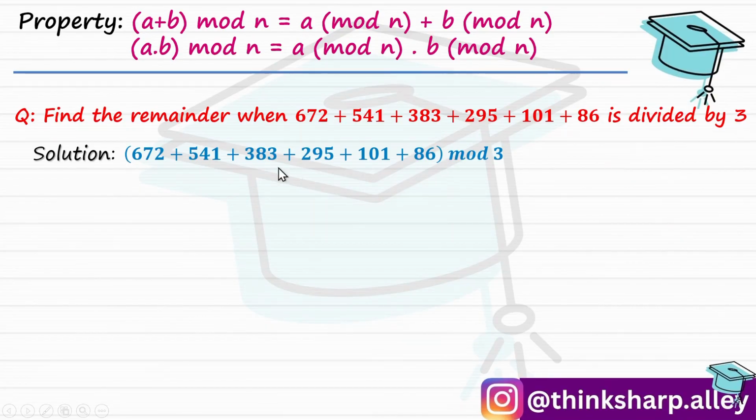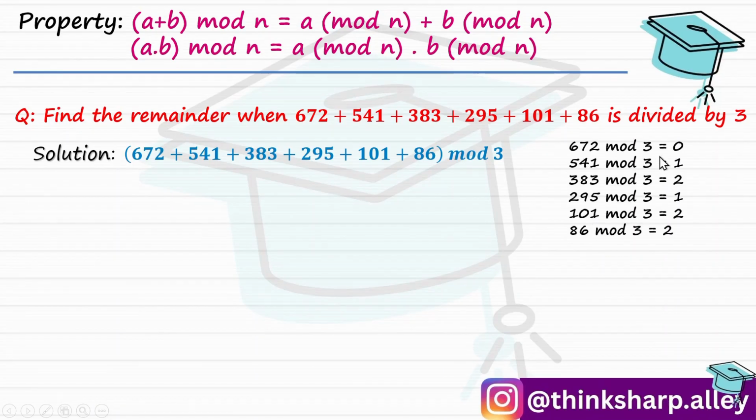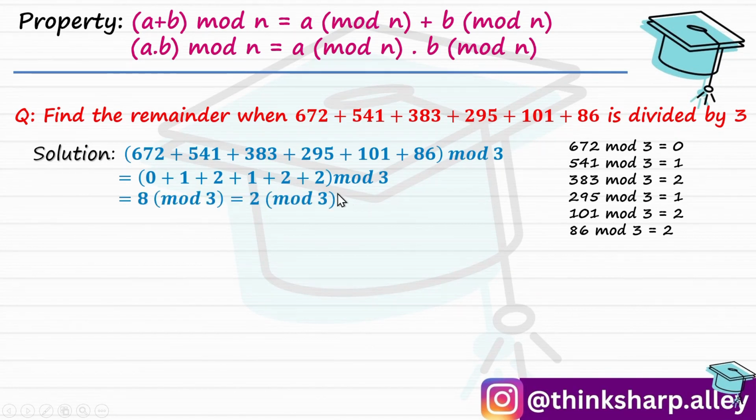We will take each number modulo 3 and then add. So each number modulo 3 are these, and then we are going to add these remainders. So which is these. Now just add the small numbers. So the sum of these numbers is 8 modulo 3, which is equal to 2.